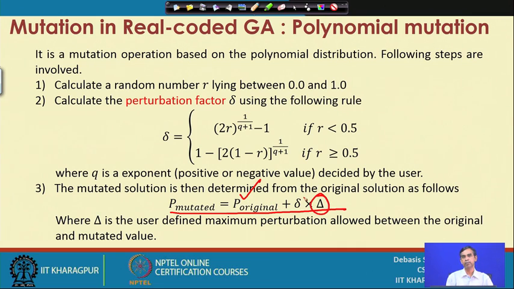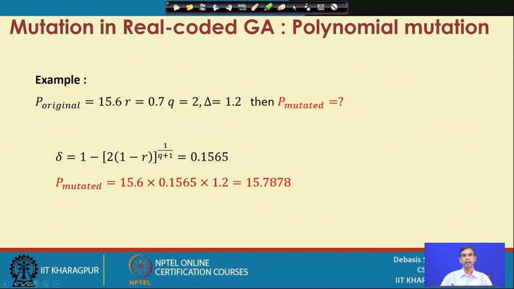This is again another perturbation factor, as in the case of random mutation, where you also have to keep a constant, or sometimes only delta times something, or some other values can be constant. Anyway, we consider a fixed deviation that is allowed. This is the delta, and based on it the mutated chromosome can be obtained. So, this is the idea about polynomial mutation in the case of real coded GA.